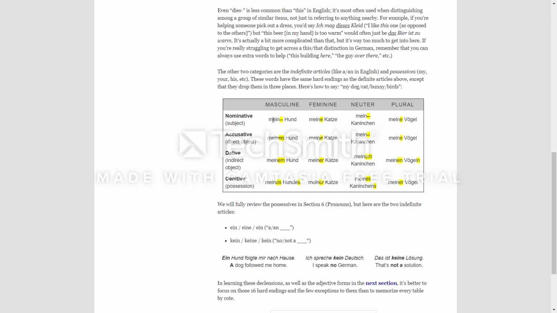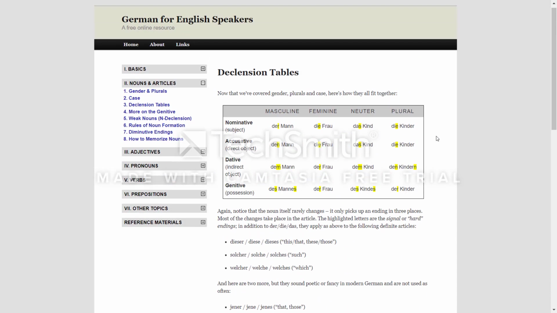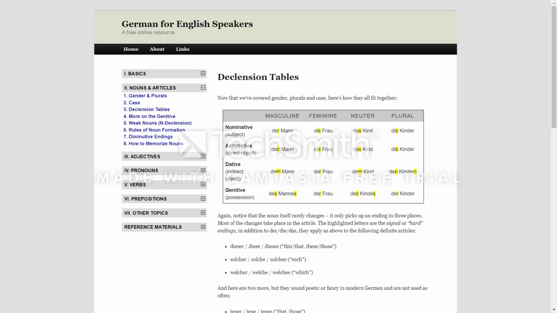The indefinite table has a stub, that is the article does not take any ending for the masculine and the neuter here and here. For the accusative, it's the same pattern again, with the exception that you have an N for the masculine accusative.